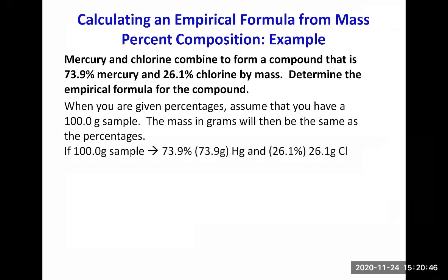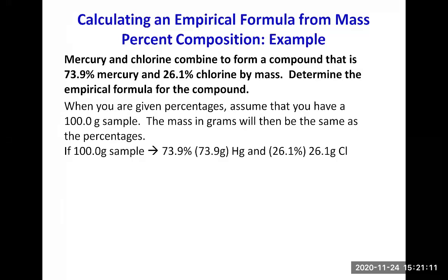So the 73.9% of mercury will be changed into a mass of mercury. And then the 26.1% of chlorine will become 26.1 grams of chlorine. And the total is 100. So you suppose your sample is made of 100 grams of the compound.